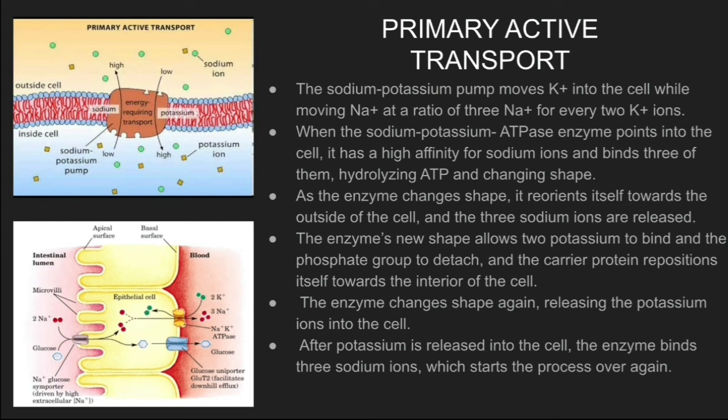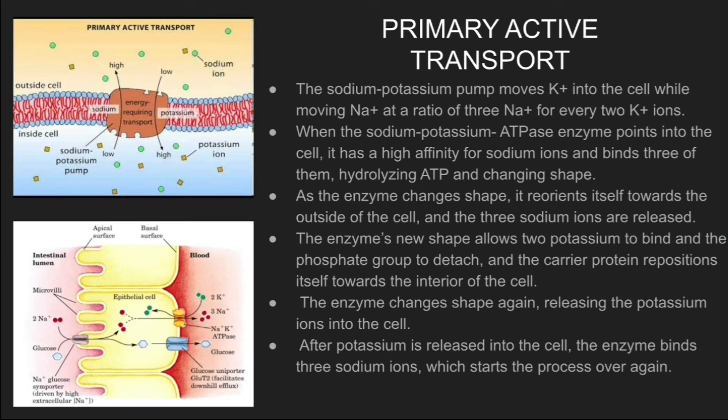There is another example of primary active transport using a redox reaction that happens inside the mitochondrial ETC, that is, the electron transport chain, which uses the reduction energy of NADH to move protons across the inner mitochondrial membrane against their concentration gradient. NADH is nicotinamide adenine dinucleotide in its reduced form.